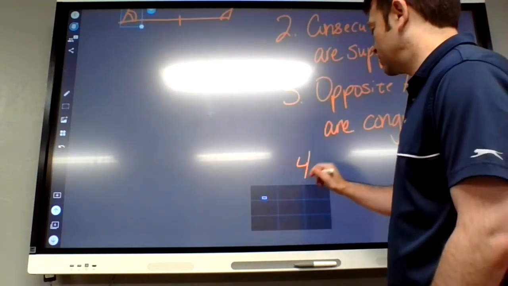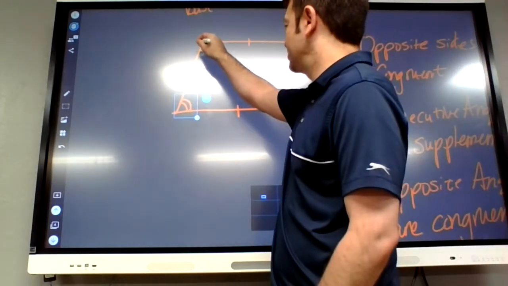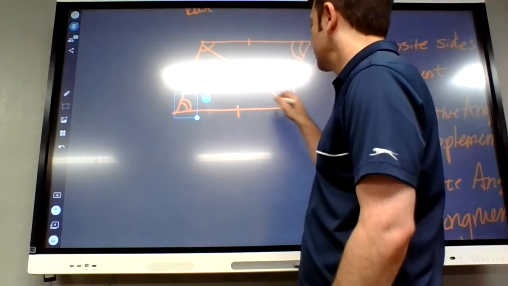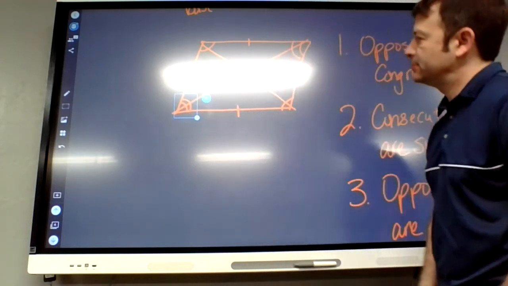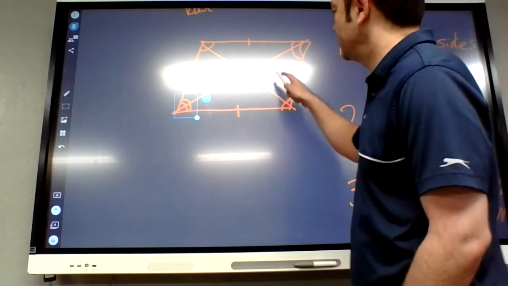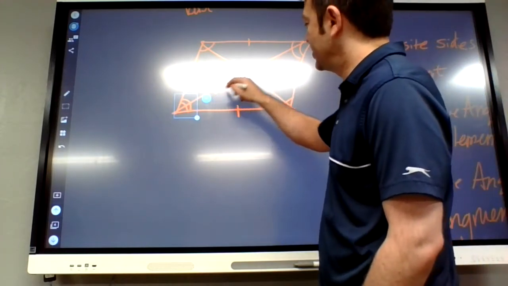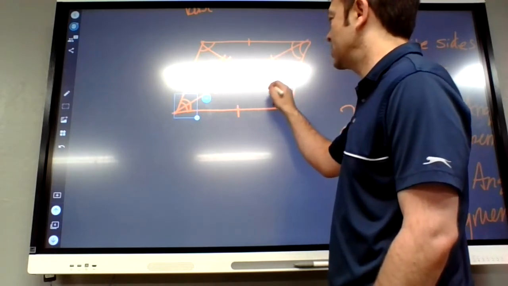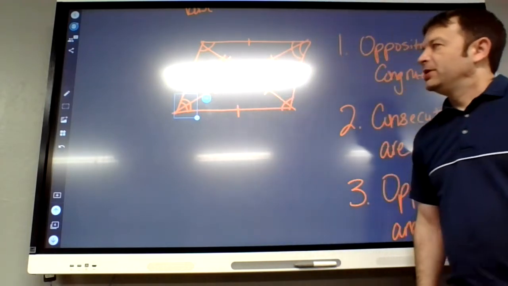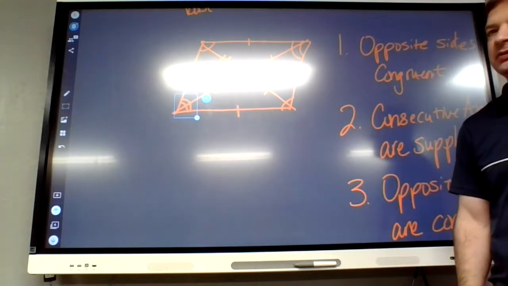Rule number 4. If you draw both diagonals, it makes these 2 little triangles congruent. So what happens is this is the same as this, and this is the same as that, which means diagonals bisect each other.